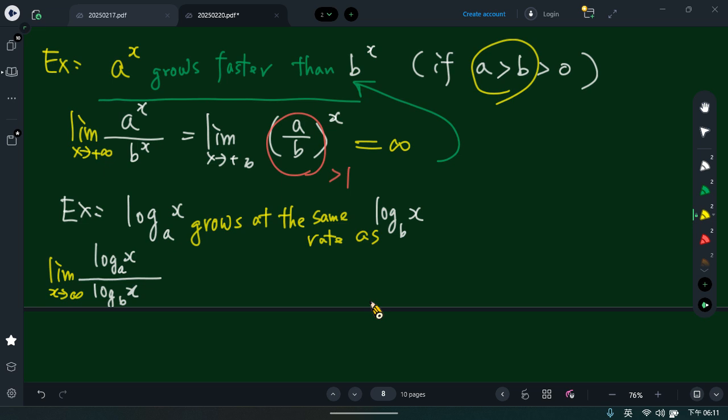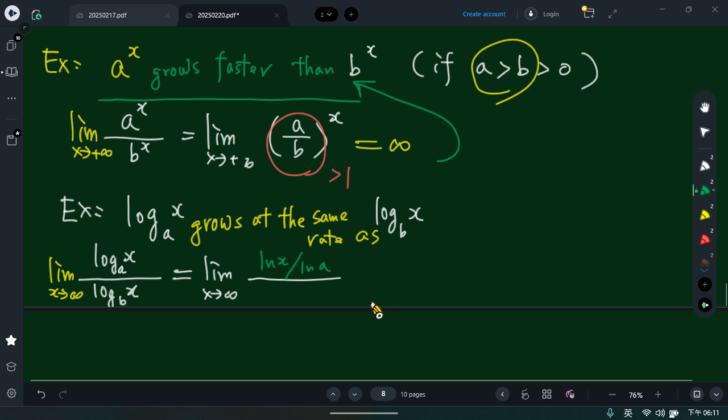Just remember, when we calculate this one, I told you the tip is to convert it as ln x over ln a. For log using b as base of x, it will be ln x over ln b, right? Do you remember I told you this is a very important tip. You need to convert it as this one. That might change your base.